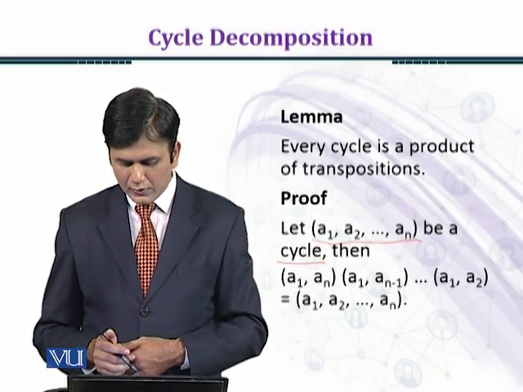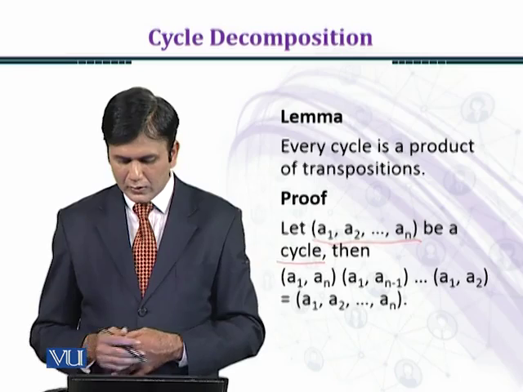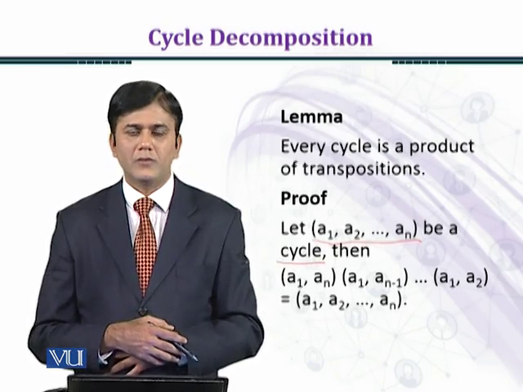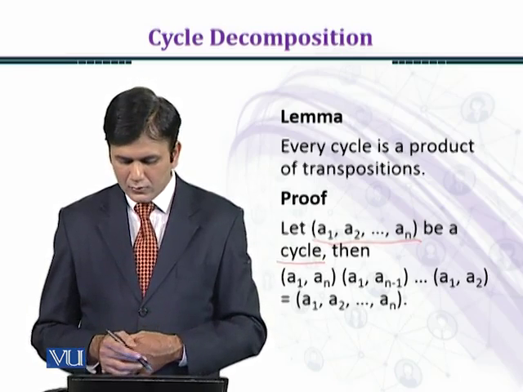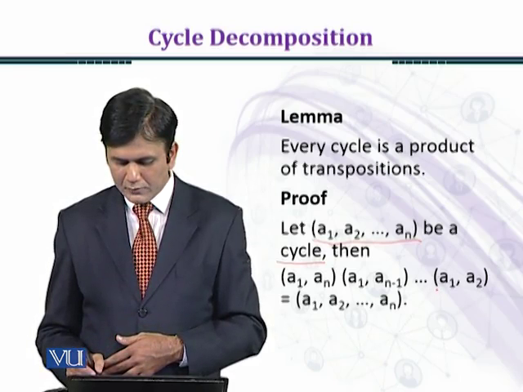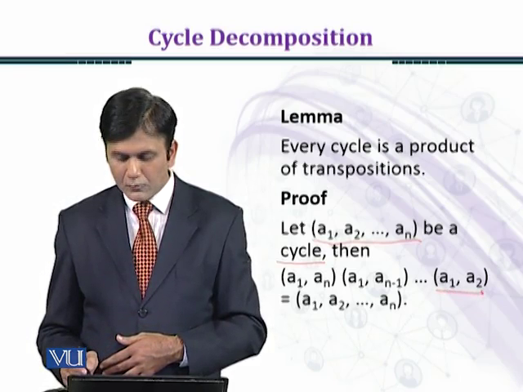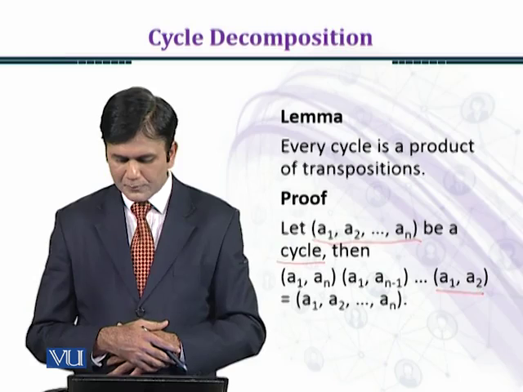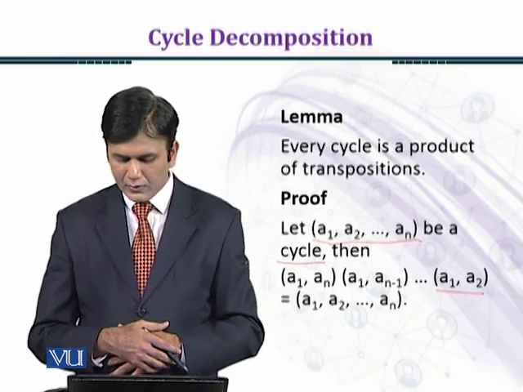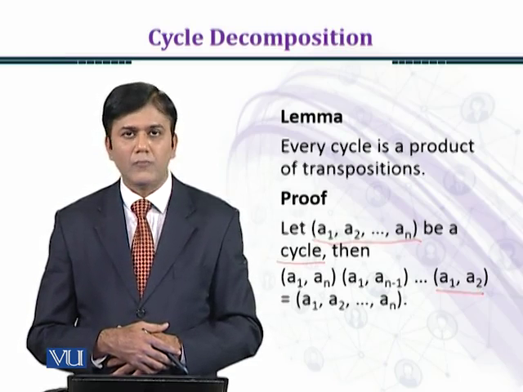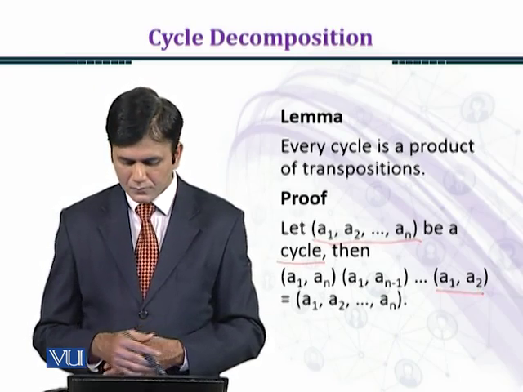As you know, we are acting the permutations from right to left. So at the end we shall start from right, and we shall write first the transposition A1, A2.